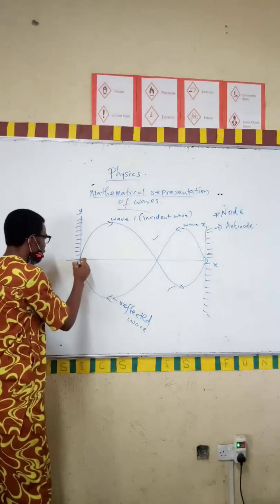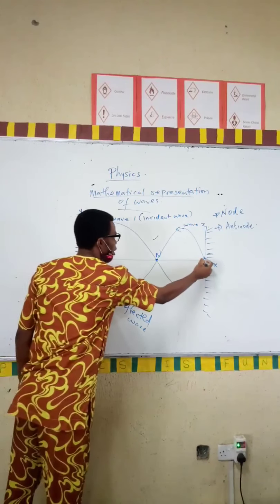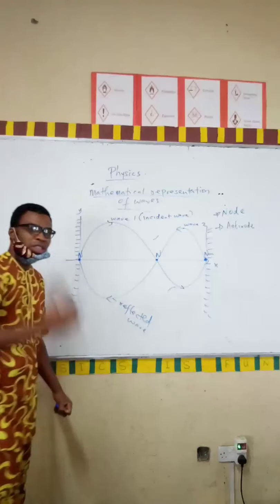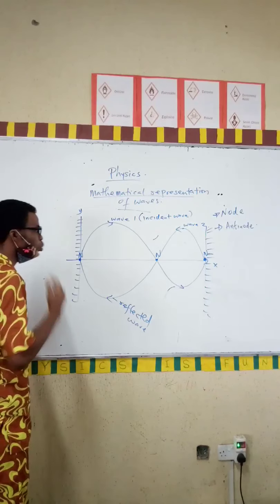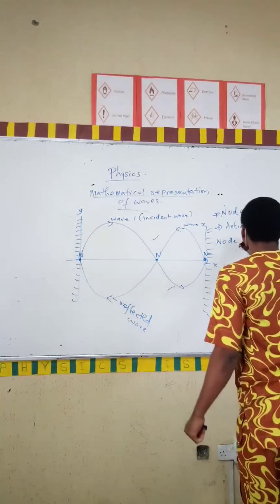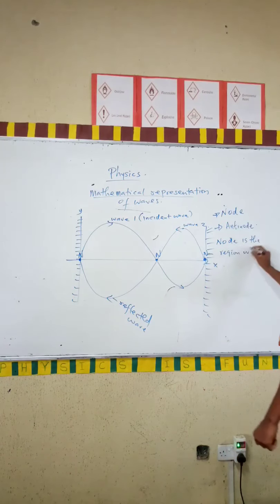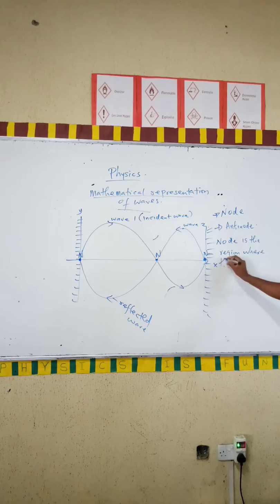This is the node, this is the node, and this is the node. It's a region where there is no displacement.